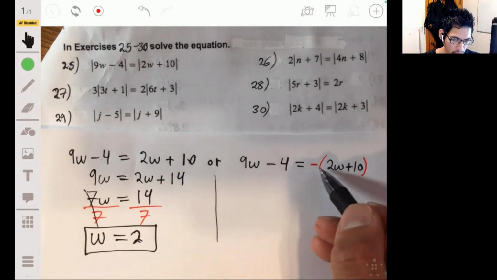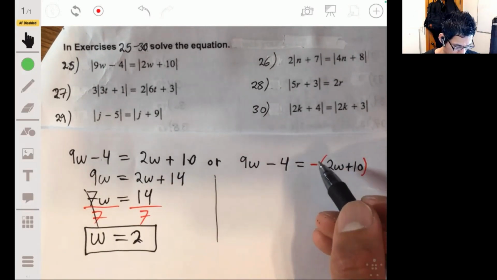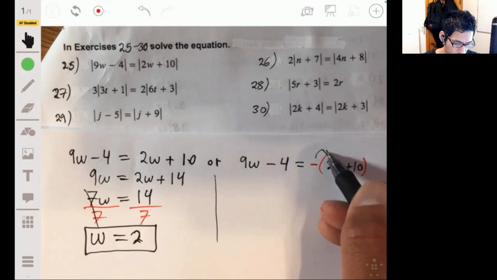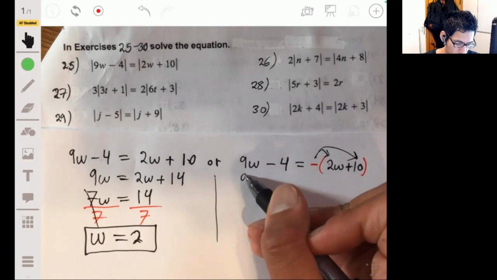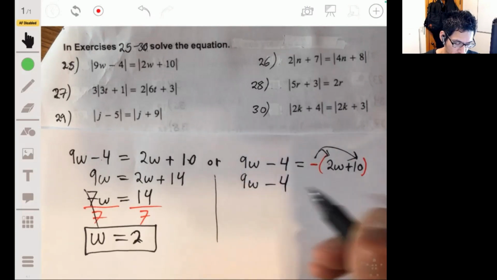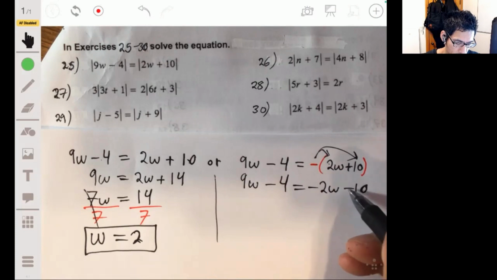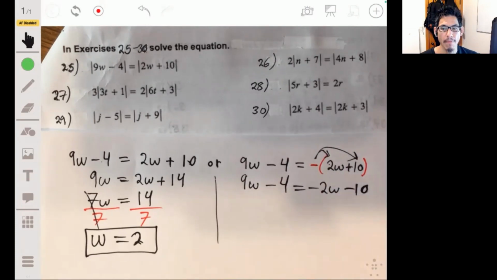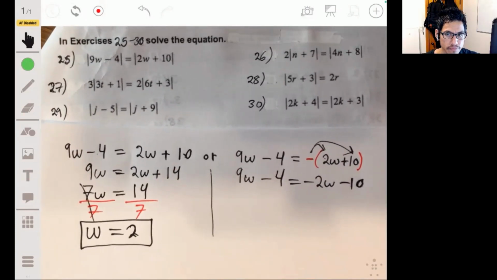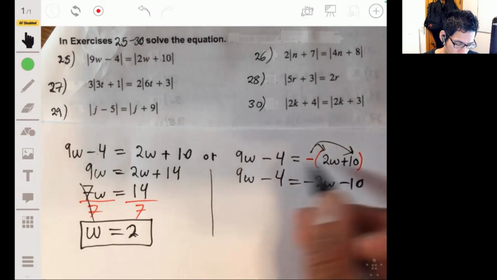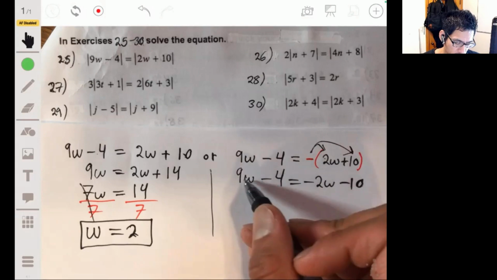Now here, we just make sure we distribute that negative first. So we get 9w minus 4 equals -2w minus 10. And then solve like normal. Add 2w to both sides.